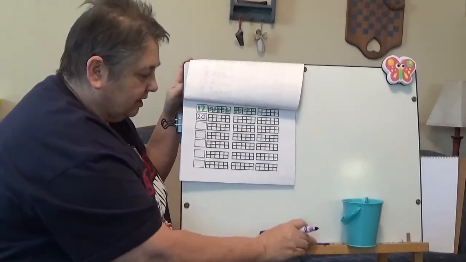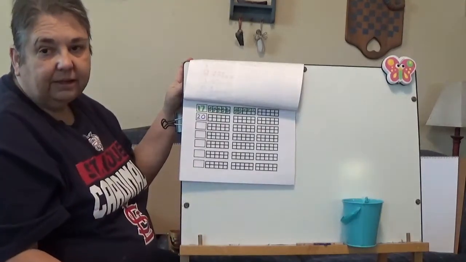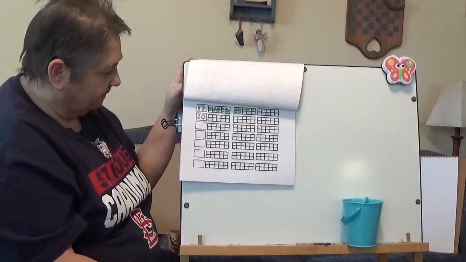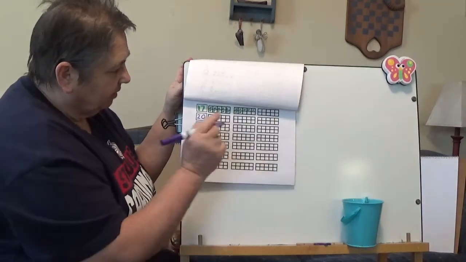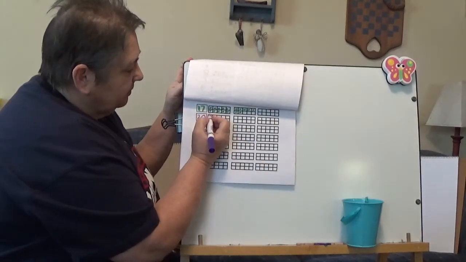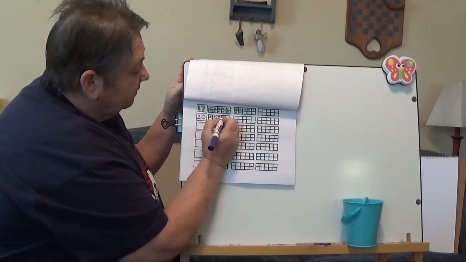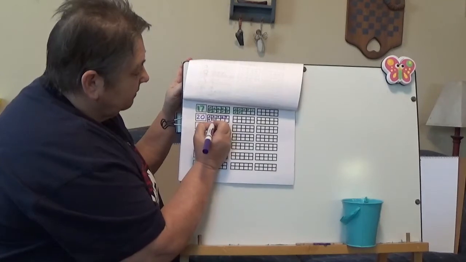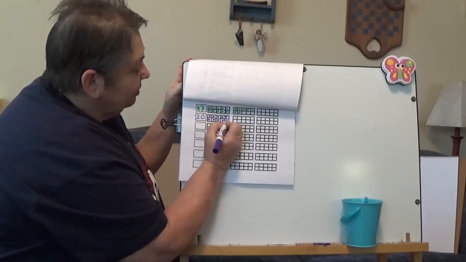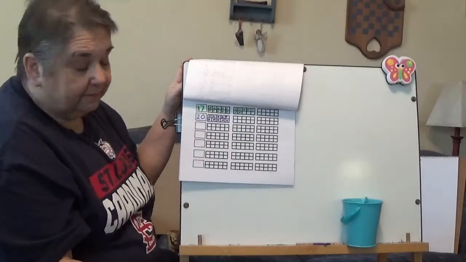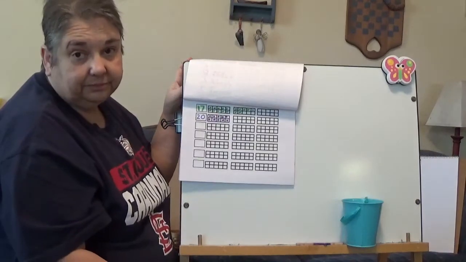Mia, I'm going to have you tell us how to fill in my 10 frame. She says fill up 1 full 10 frame. Okay. I don't even have to count because I know if I fill that up, it's 10. And then what?